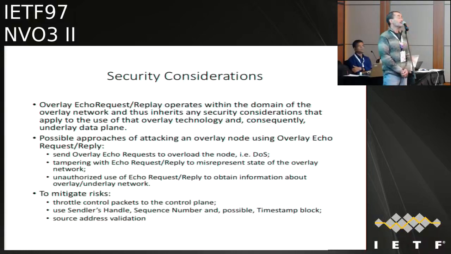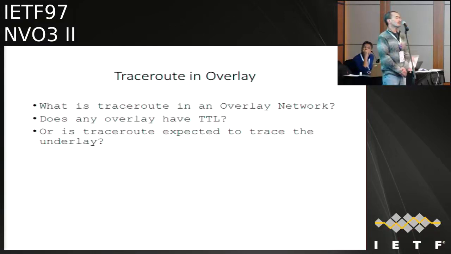Well, if need be, then definitely it might need to have some encryption. Next document. Next. Here's another question to everyone: we thought of whether there is a traceroute scenario for overlay.